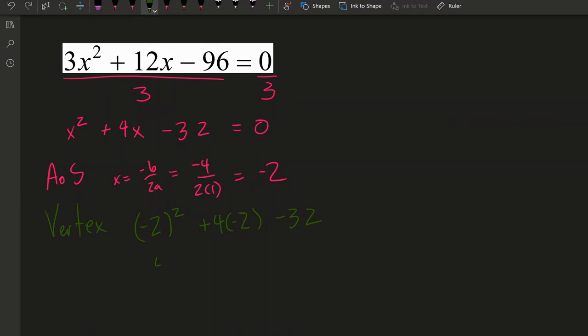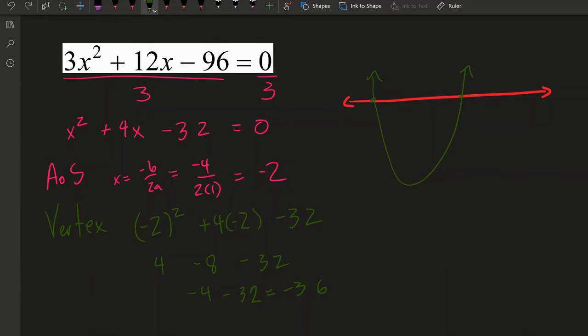-2 squared is 4. 4 times -2 is -8 minus 32. 4 minus 8 is -4 minus 32 is -36. So I'm going to draw a generic picture over here. I know that I need to cross y equals 0. And then I have some parabola that's going to look like that.